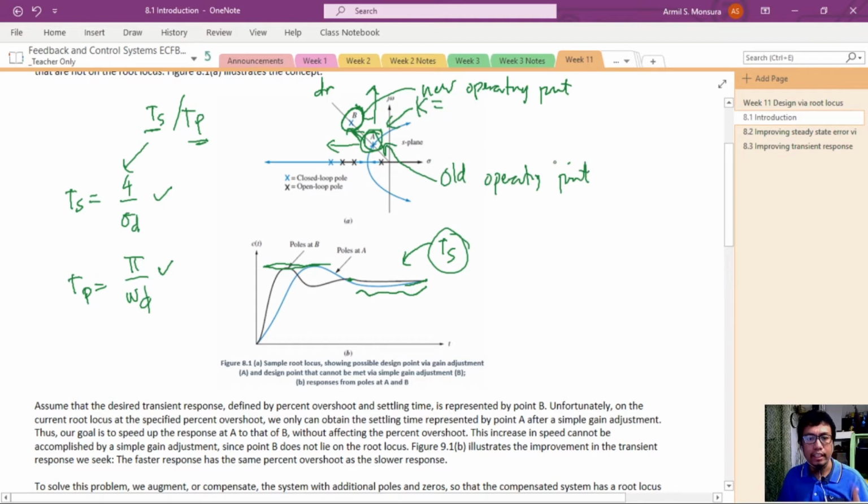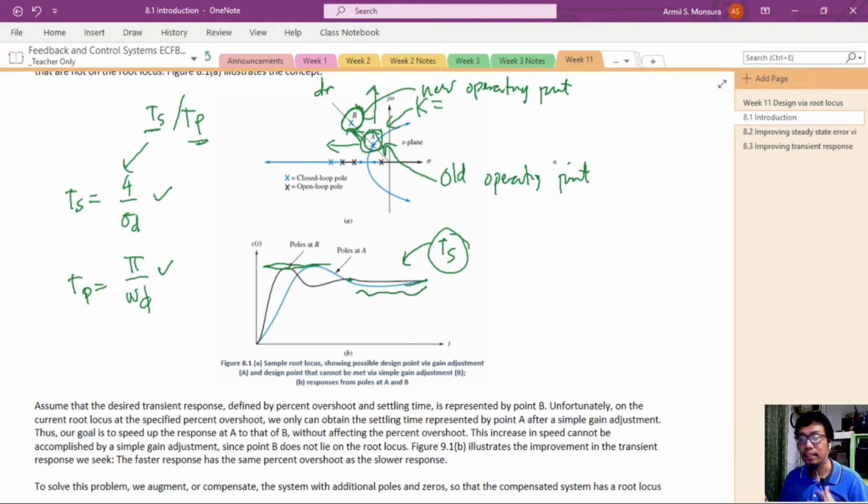Okay. So instead we can also call that as the complex dominant pole. Pero para mas intuitive siya, okay, we will call those operating points where your system is said to be operating on. Okay. So basically that's the closed loop pole that your system operates on.